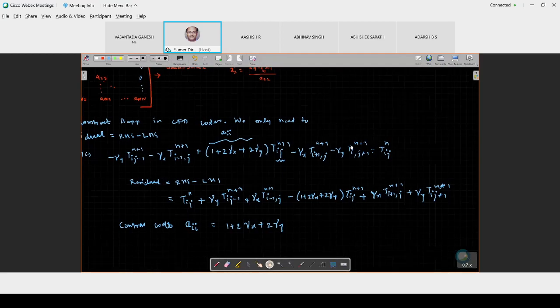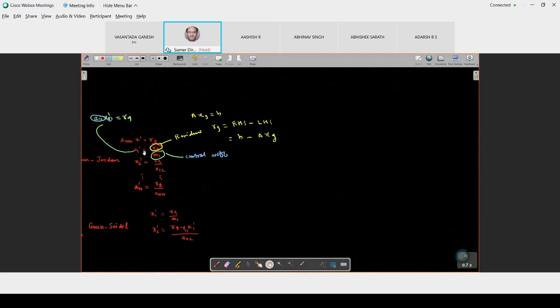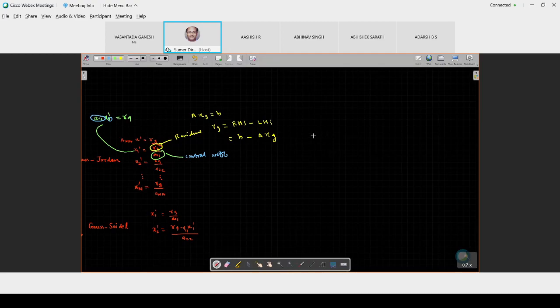So in case of the Gauss-Jordan method, what we do is we get a solution x, which will be nothing but our first guess solution, and then x prime. We keep on changing the guesses.